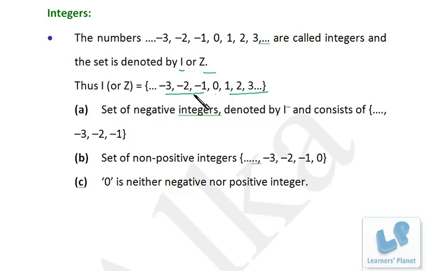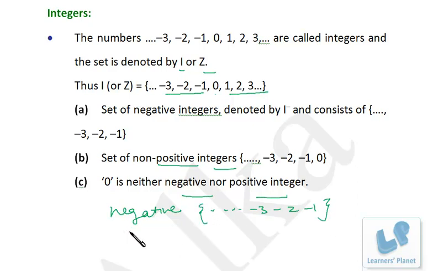If we wish to present the set of negative integers, it's like -3, -2, -1, going to minus infinity. Similarly, the set of non-positive integers will include 0. 0 is neither a negative nor a positive integer. So the negative integers go from minus infinity up to -1.